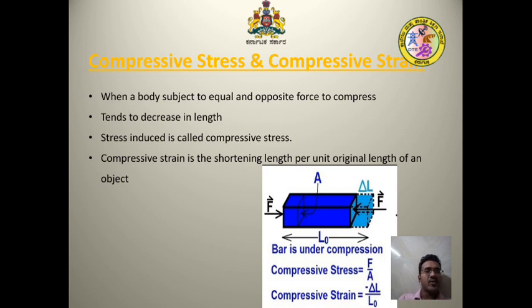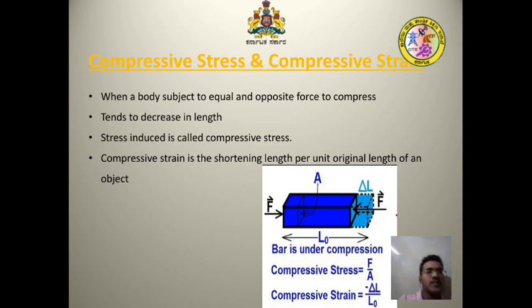We have the tensile load, which creates tensile stress and tensile strain. We have the compressive load, which creates compressive stress and compressive strain. With shear load, shear stress and shear strain will occur. With torsion load, torsion stress as well as torsion strain will be created.